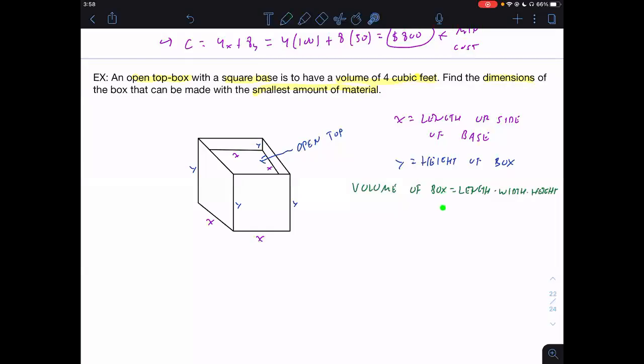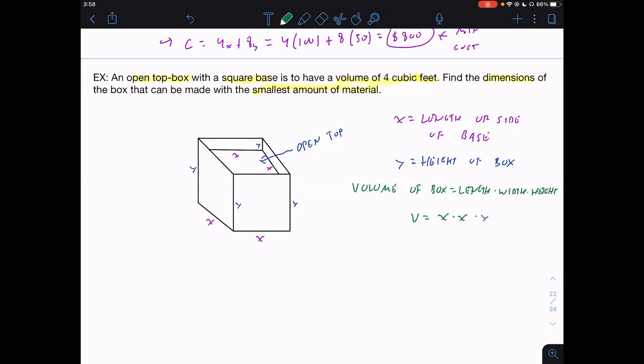I recall from some algebra that to find the volume of a box, a 3D rectangular shape, we need to take the length times the width times the height. So in our case, since the bottom has to be a square base, we're assuming the length and the width are going to be the same. So it's going to be x times x times the height, which we're letting y represent.